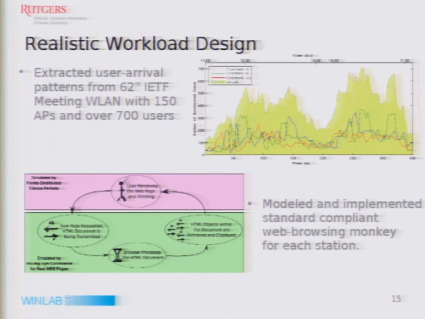A monkey sits on each Orbit node. If we have 100 nodes, 75 of them are web browsing monkeys, 20 are doing file transfers, and 2 are doing VoIP. We have the actual traffic sources, the actual web browser, and the web server that we get the pages from. It's almost as good as it gets on the testbed.